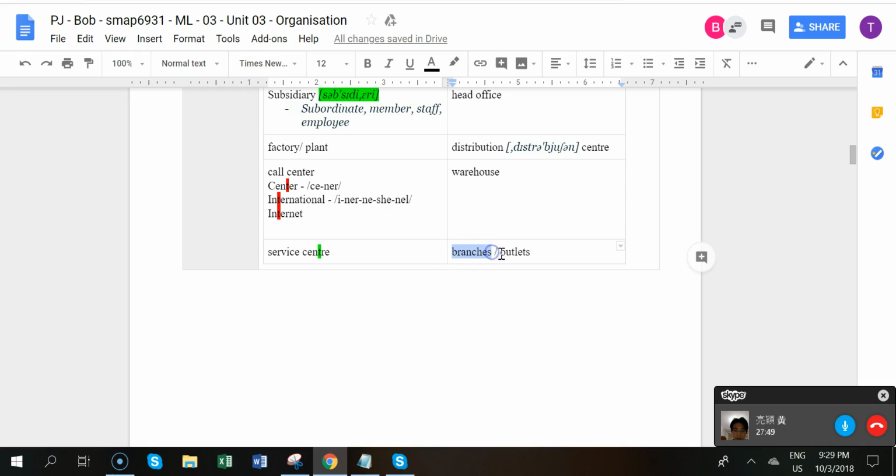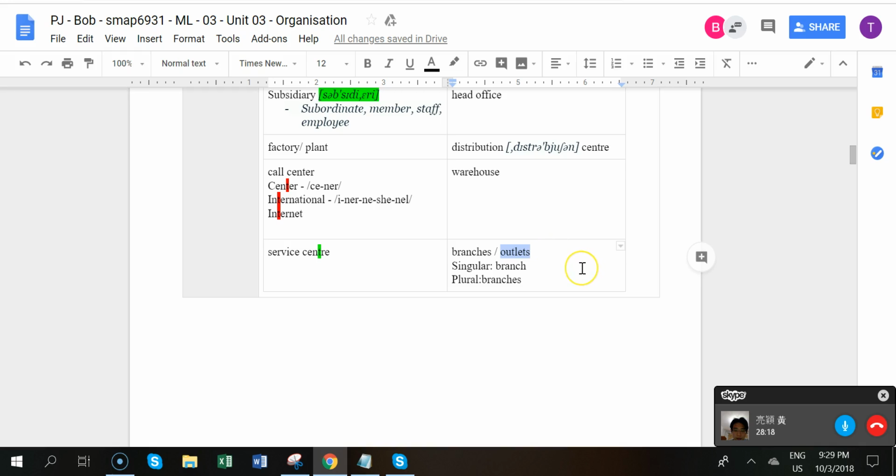Branch. Okay, this first word is read as branches. The singular form for that is branch. But if you transform it into the plural form, then that is branches. Okay? How about this one?